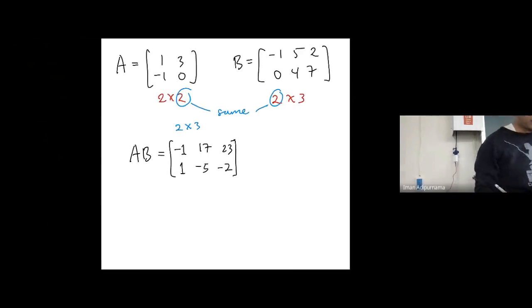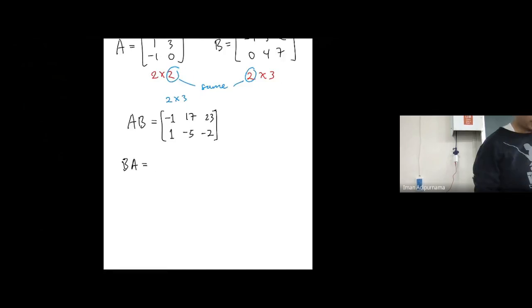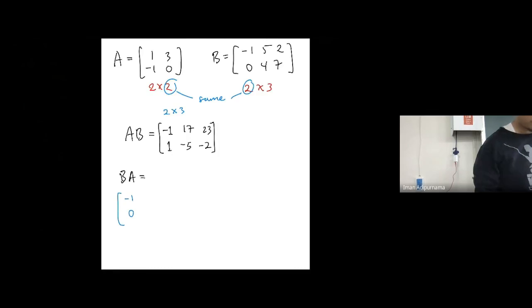Okay, let me write BA. Let me write the B. This is 2.